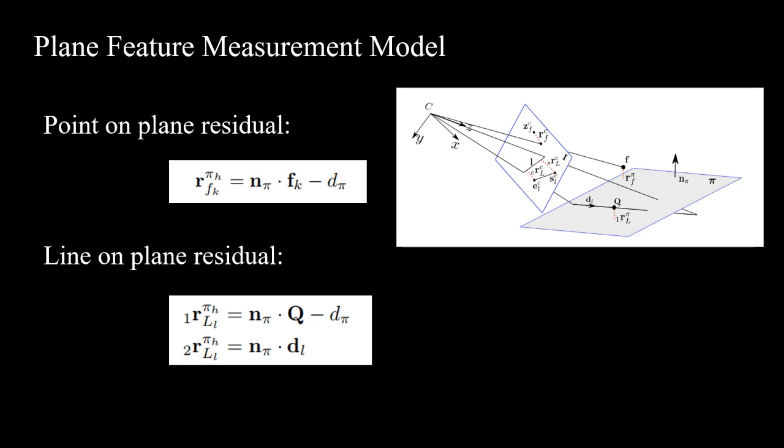First, every point on the spatial line must be on the plane. Second, the direction of this line and the plane normal vector are orthogonal. So the residual of the line-on-plane constraint contains two terms. We model the distance residual with Gaussian noise with a standard deviation of 1 cm. As for the angle uncertainty, the standard deviation is set to 1 degree.